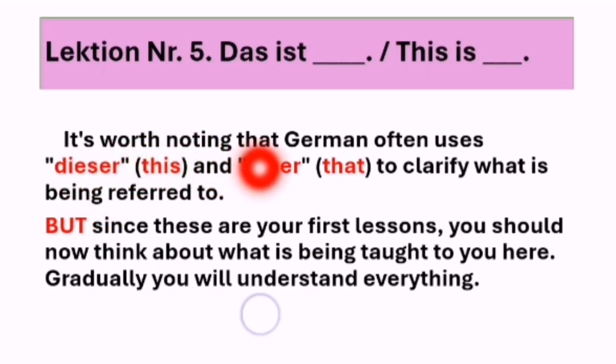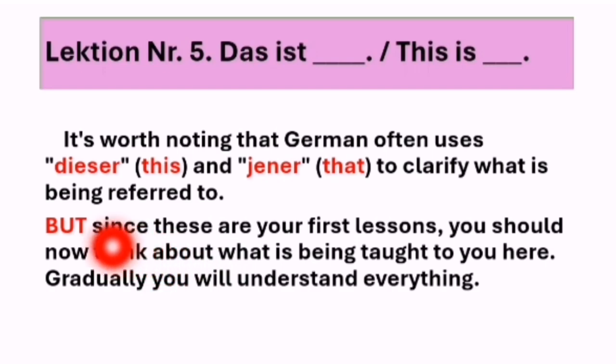Now, it is worth noting that German often uses "diese", this, and "jene", that, to clarify what is being referred to. But since these are your first lessons, you should think only about what is being taught to you here.